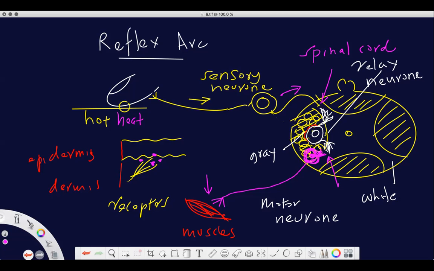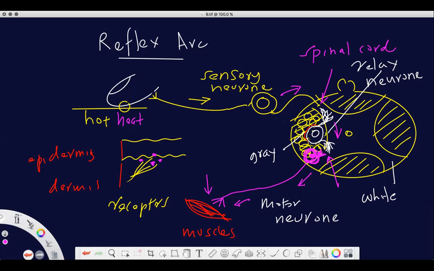The spinal cord connects the sensory neuron with the relay neuron, and the relay neuron connects with the motor neuron, so it's going to the muscles. Then the muscle contracts. After muscle contraction, immediately the hand is taken from the hot object.